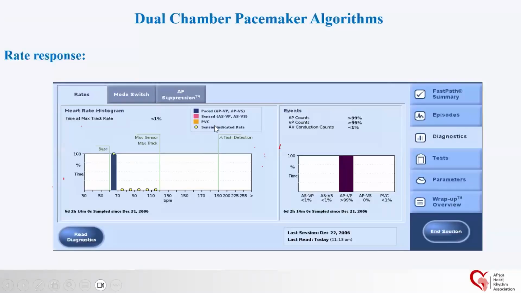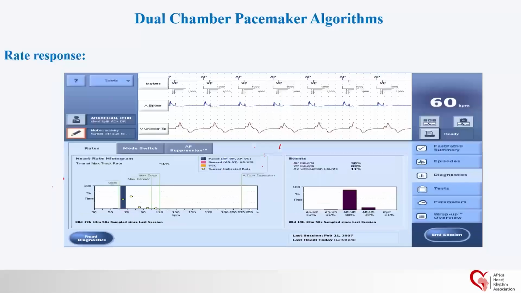In this case, we have a sensor indicator, but the base rate and the frequency of the patient is still like that 100% of the time, and we have those indicators. So in this case, the sensor is not working, maybe it is in passive. That means it just detects the activity of the patient and does not support the patient.